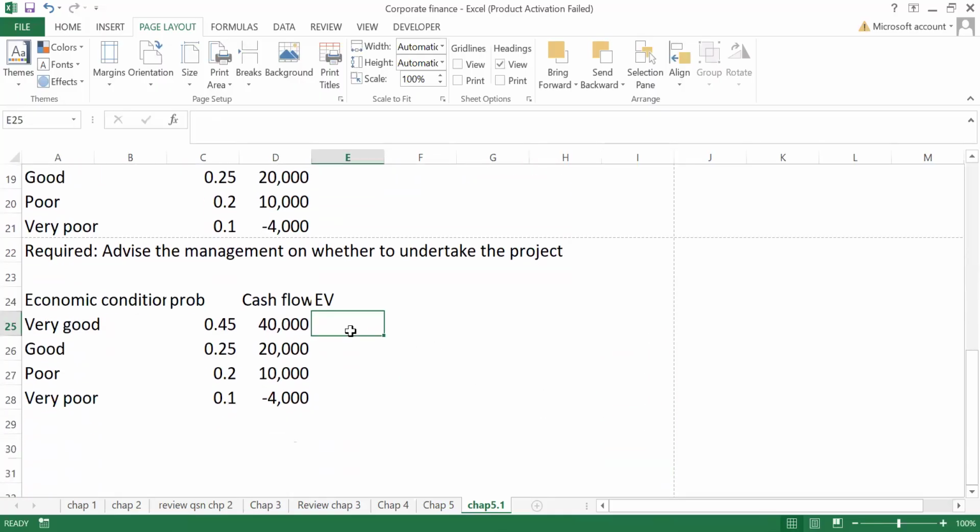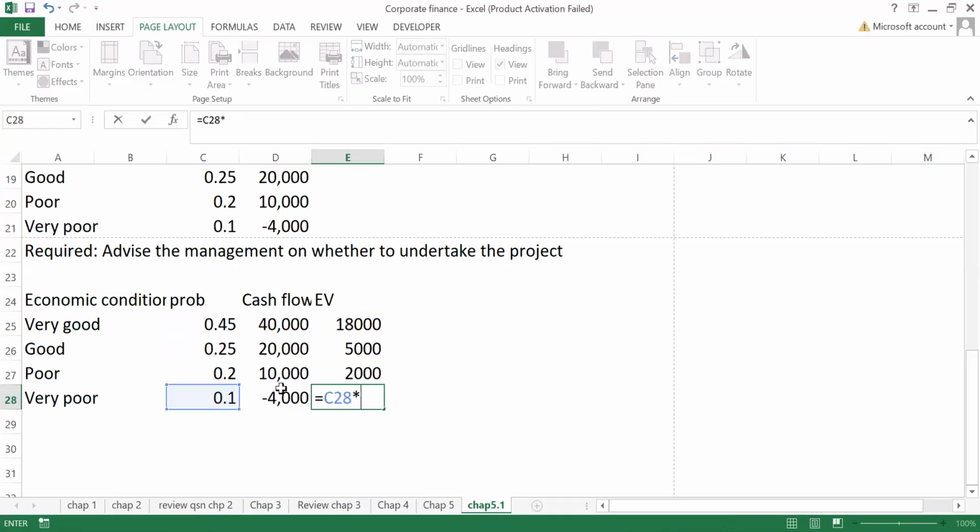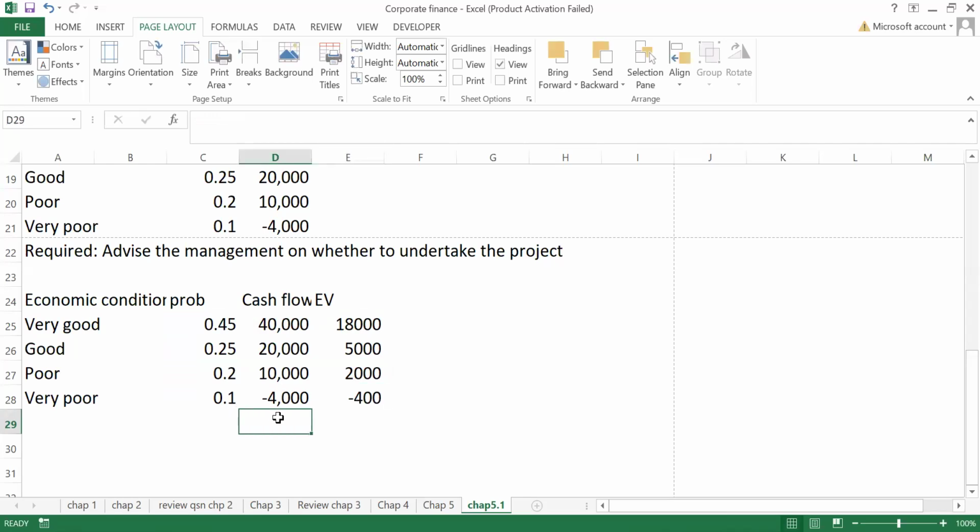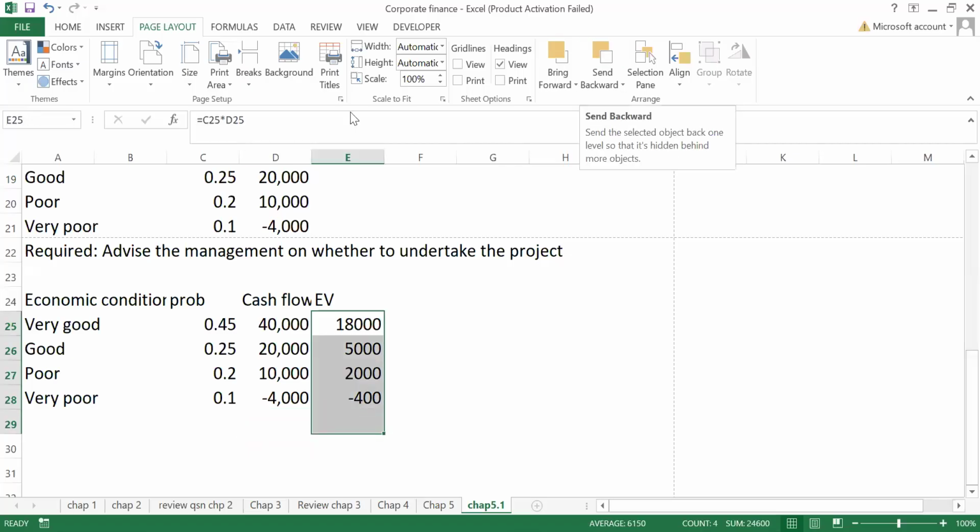I will have the probability times the expected cash flow. Get the probability times your expected cash flow, and even here, get the probability times the expected cash flow. So what is the total expected value? My total expected value, I'm just going to add this to get the total.